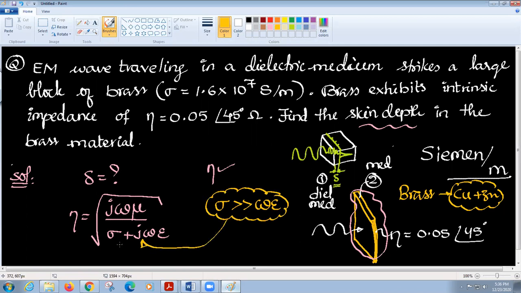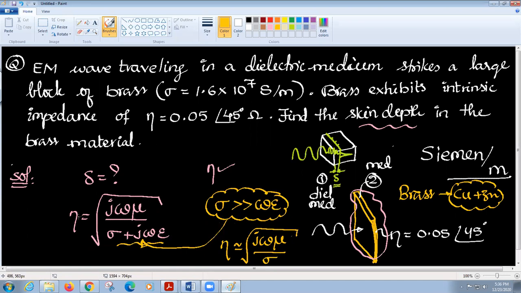If we plug in this condition, eta is approximately j omega mu by sigma, because I can neglect the omega epsilon term, as sigma is dominating when compared to it. So eta is approximately the square root of j omega mu by sigma.